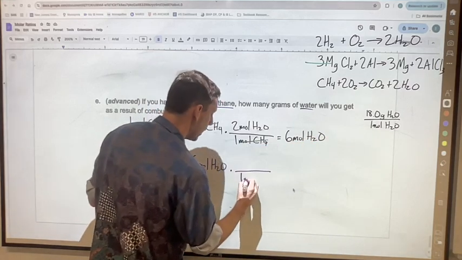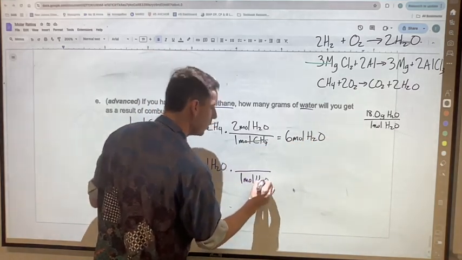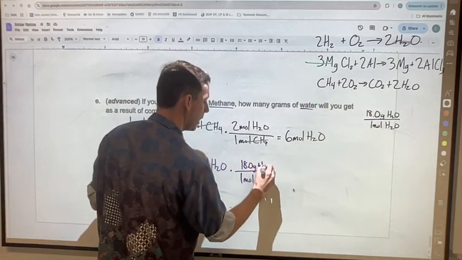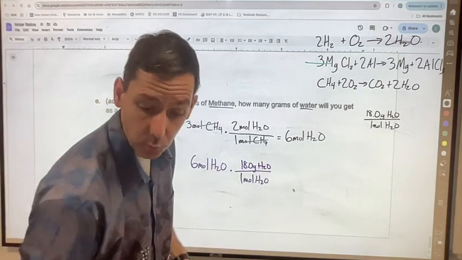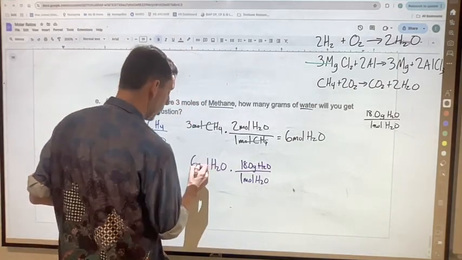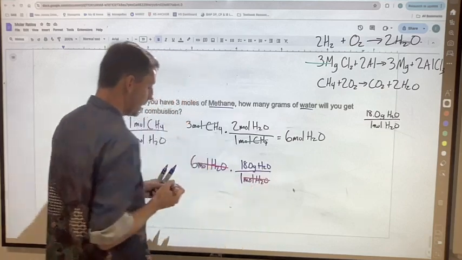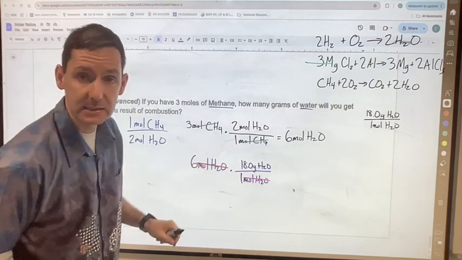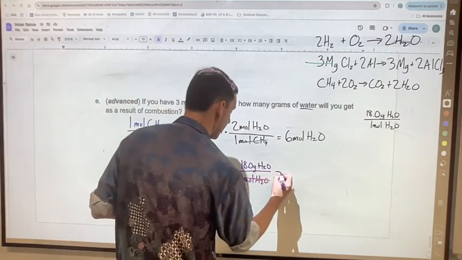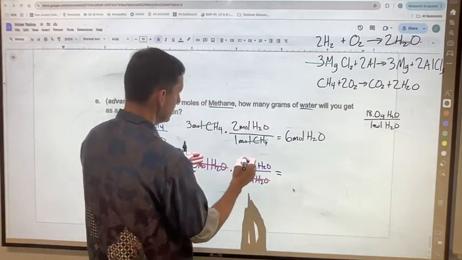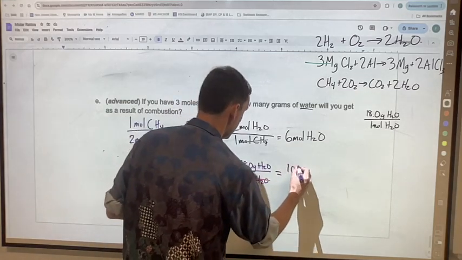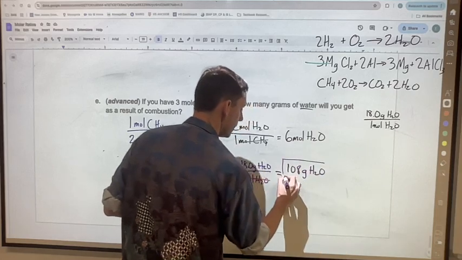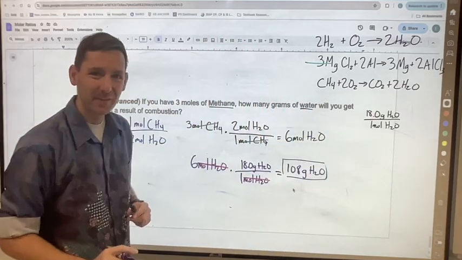Okay, so I'm going to go 1 mole of H2O, and the top is going to be 18.0 grams of H2O. And again, what we'll see is that they cancel out. The moles of H2O cancel out, and we're then left with 6 times 18 grams of H2O. And my final answer then is 108 grams of H2O.